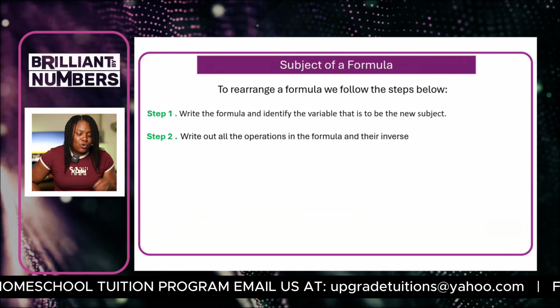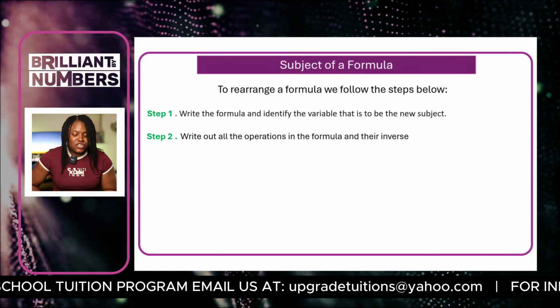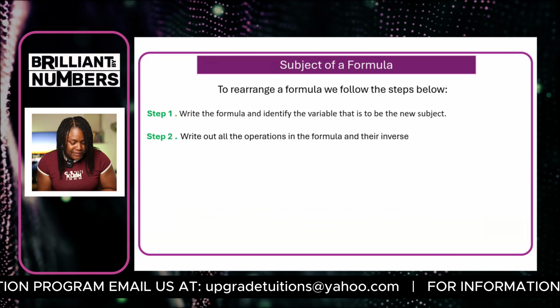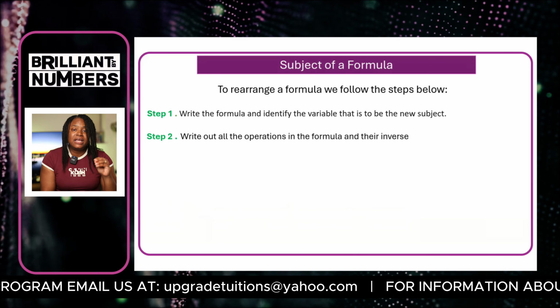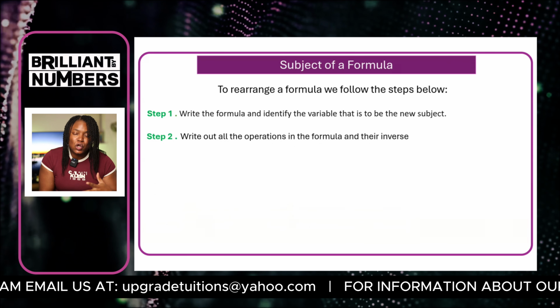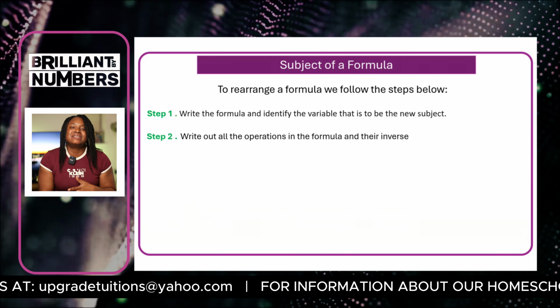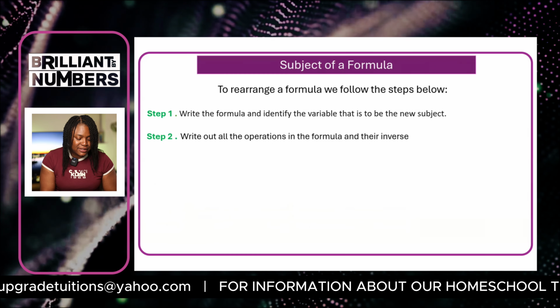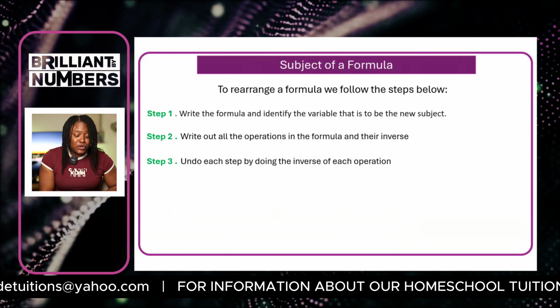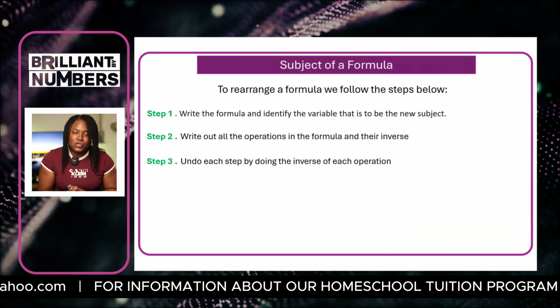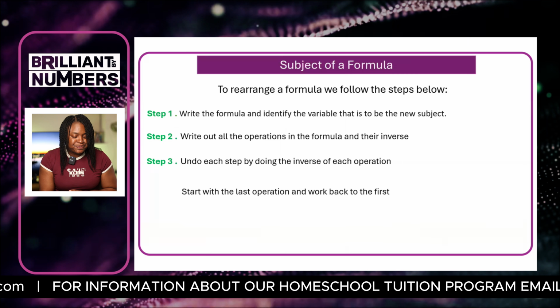Step 2, write out all the operations in the formula and also their inverse. It's a beautiful way to make clear, logical thoughts into the steps that you're going to need to take in order to make that new variable the subject. Step 3, we're going to now undo each step by doing the inverse of each operation.